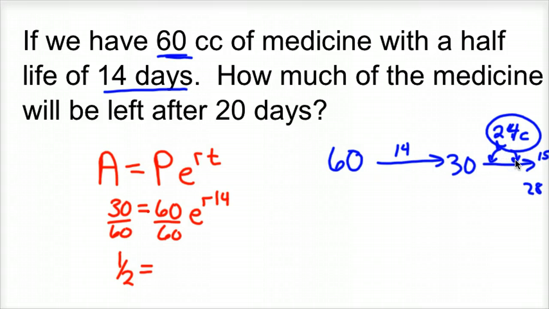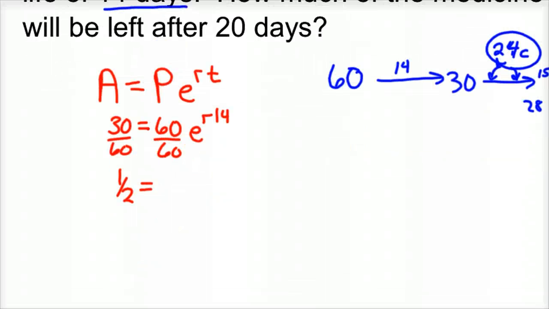I'm just guessing, between 30 and 15 cc's, somewhere in there. So let's go back to our problem. Sorry, but that's important to do. So we know if we get an answer between 30 and 15, we're probably on the right track.